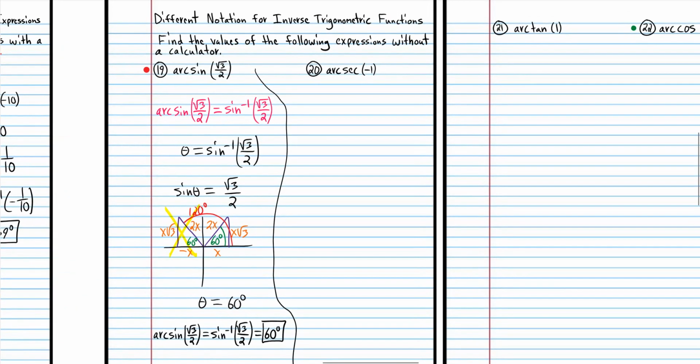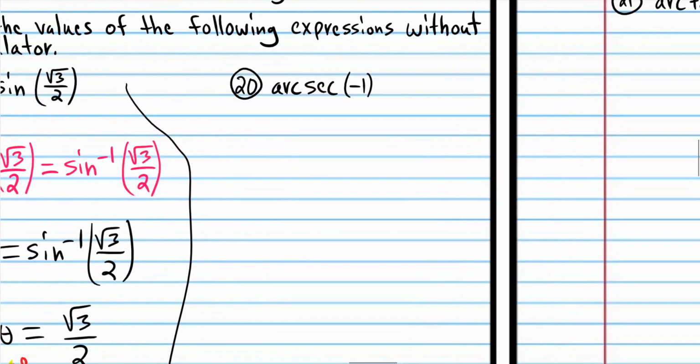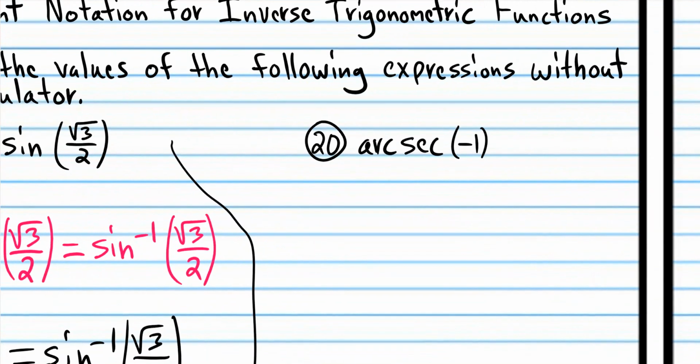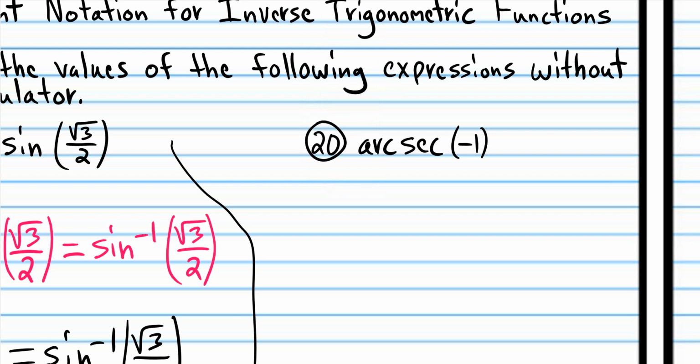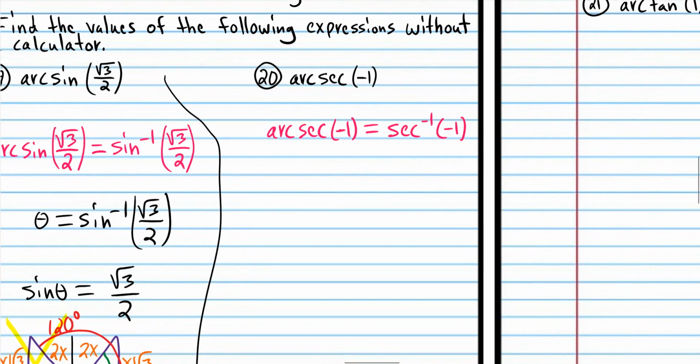Okay, so let's go to number 20. Again, arc secant -1. Well, that's the same thing as secant inverse -1. Same thing.